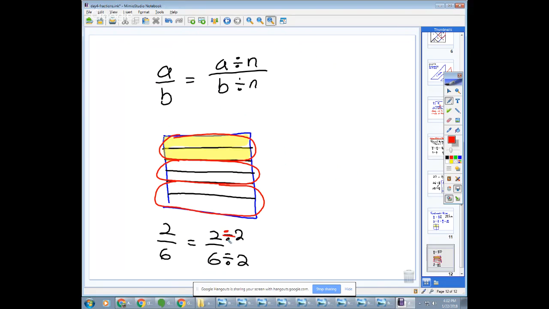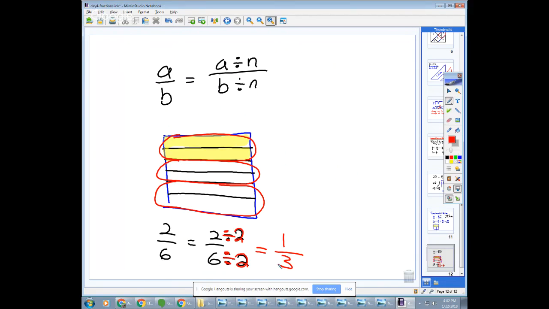I should draw that in red. The red is where I'm looking for groups of 2. How many groups of 2 are in the yellow area? There's 1 group of 2. And how many groups of 2 are in the whole thing? There would be 3 of them. Right? So there's a dance. Division is regrouping things. Multiplication is kind of breaking things up again with fractions.